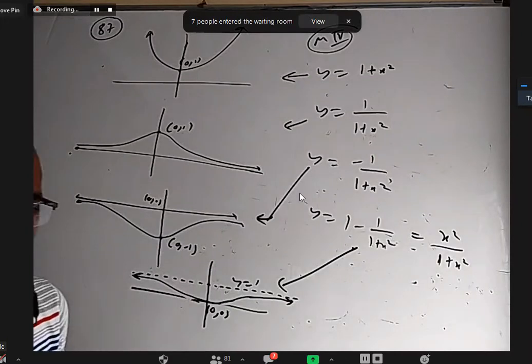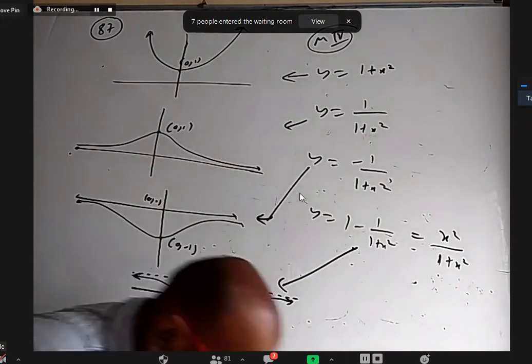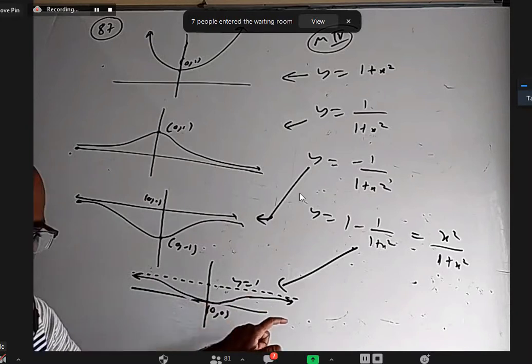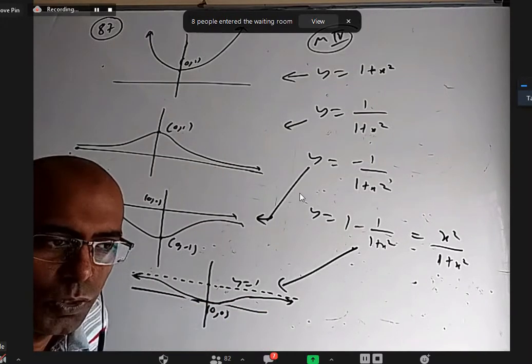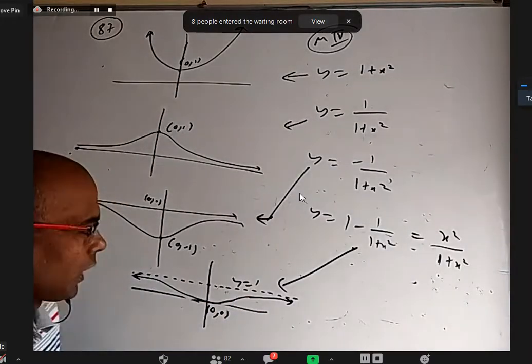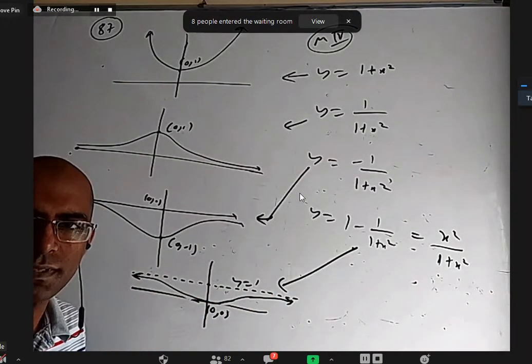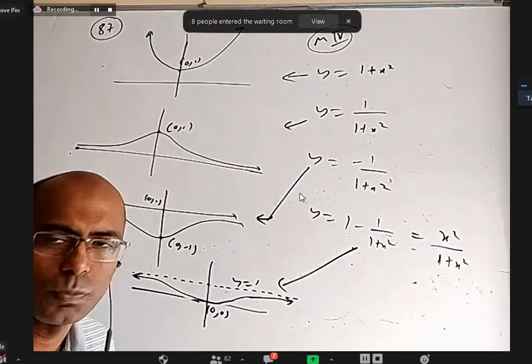Okay, now basically from the graph, how to tell the range. If you take any function graph, there are many points on that graph, right? All the x values put together is called the domain, and all the y coordinates put together is called the range, because the x coordinate is the input and the y coordinate is the output.